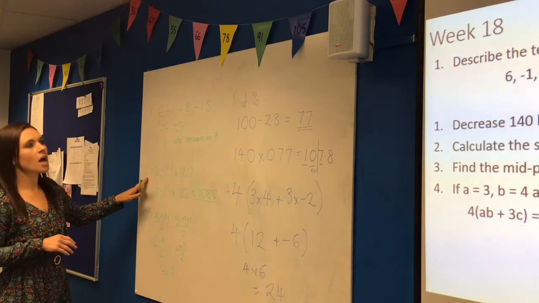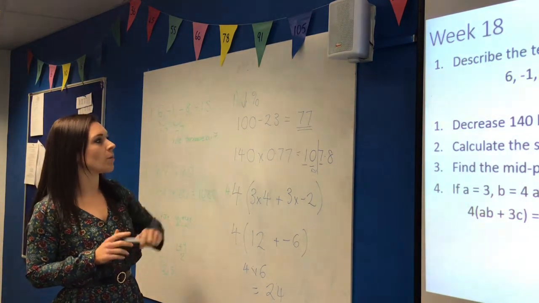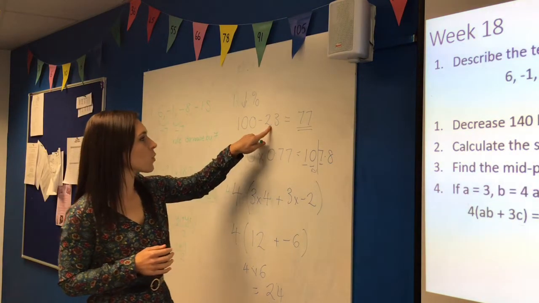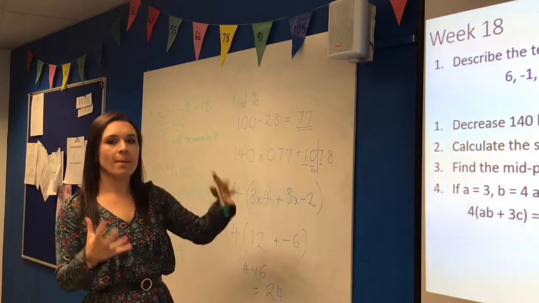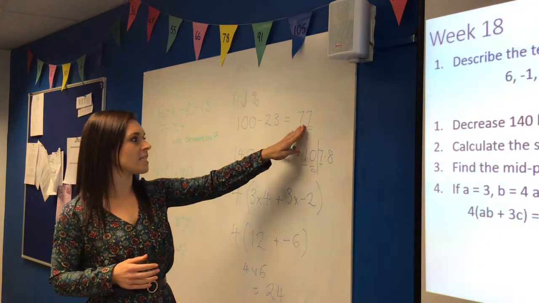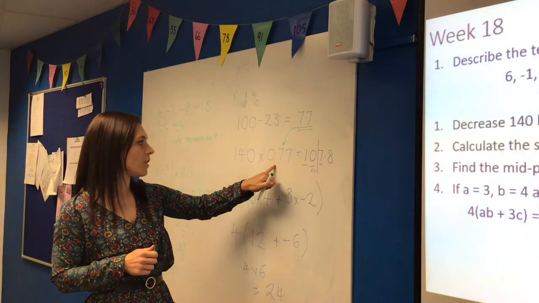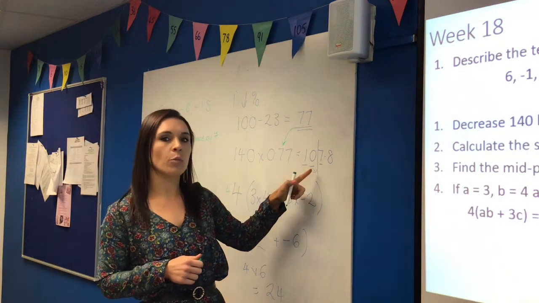For question 1 again, we are decreasing 140 by 23%. What we should remember is we take that 23 from 100 to find out what value of the amount we have left. And that's 77, which we turn into a decimal, 0.77, and times that by 140 to give us 107.8.